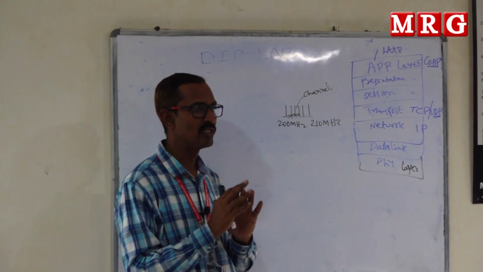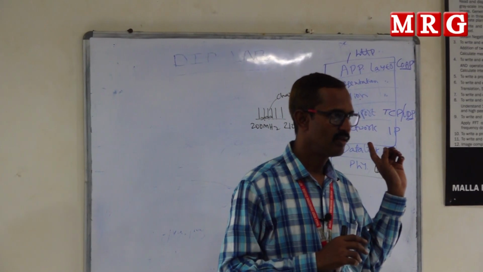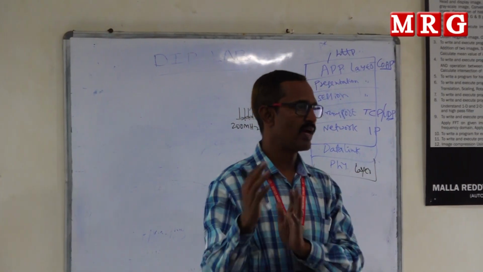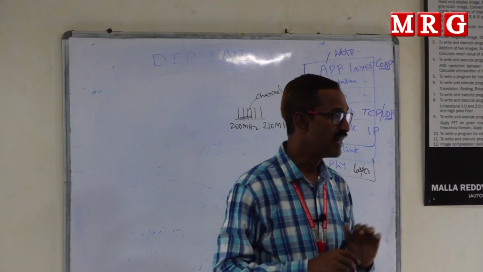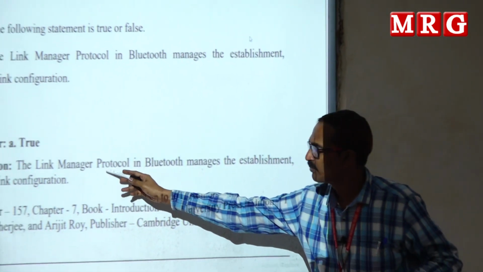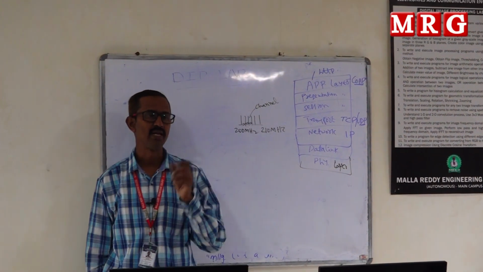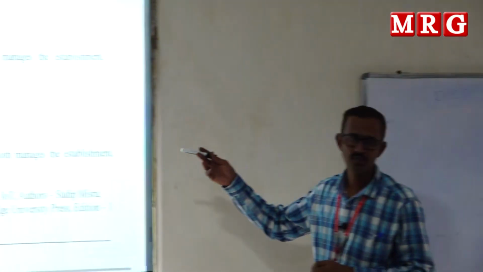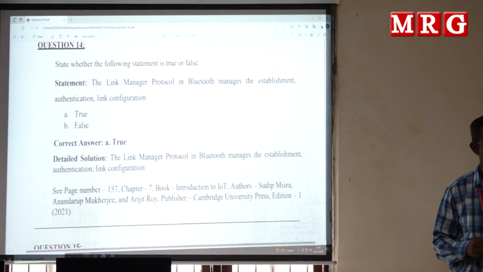Based on the requirement and applications, it will form its own model, but follows OSI, with different names and different layers. The link manager protocol comes around the data link layer, part of the data link layer. Answer is true. Link layer protocols we call them data link or link layer.